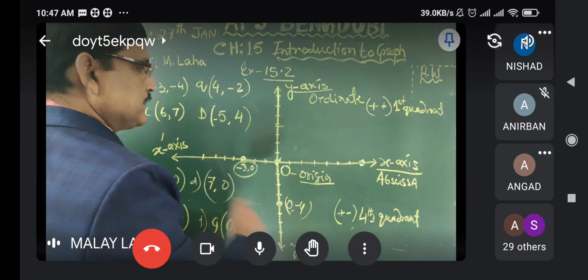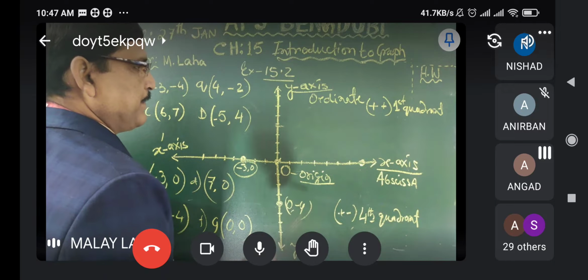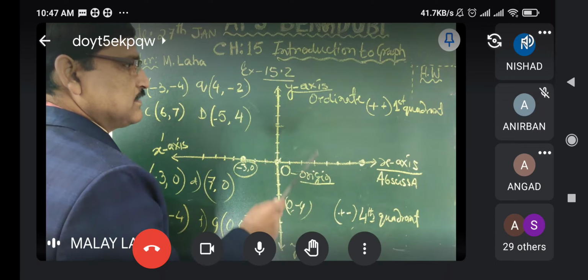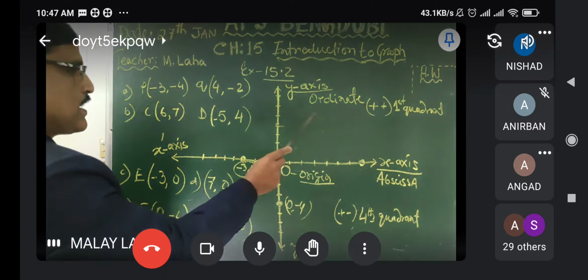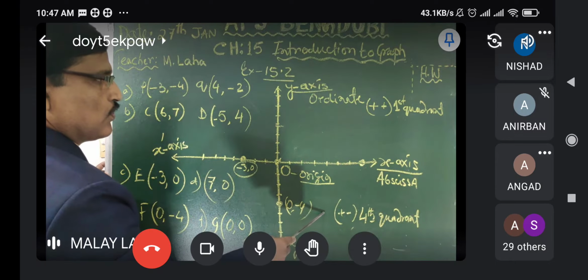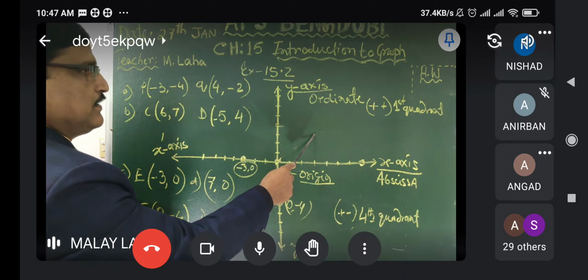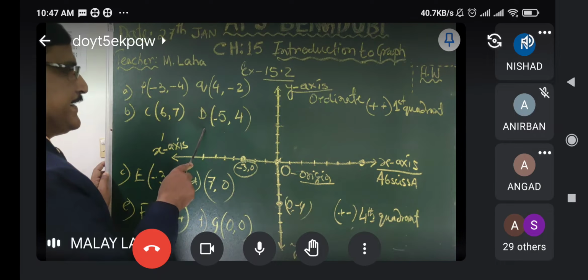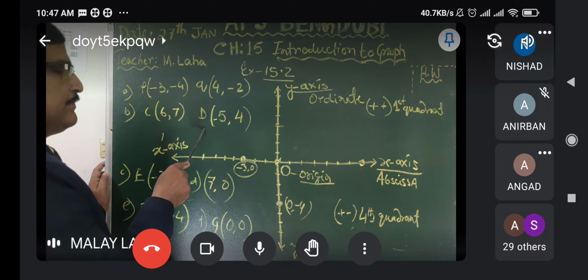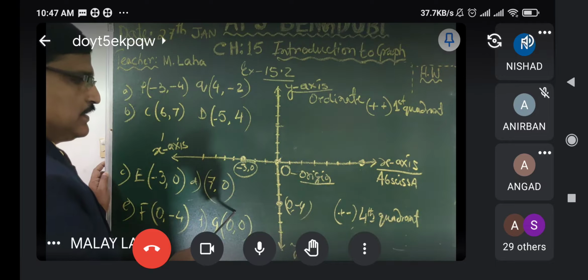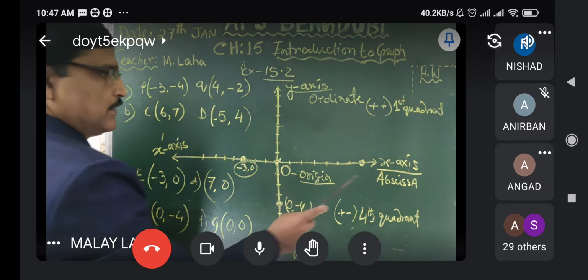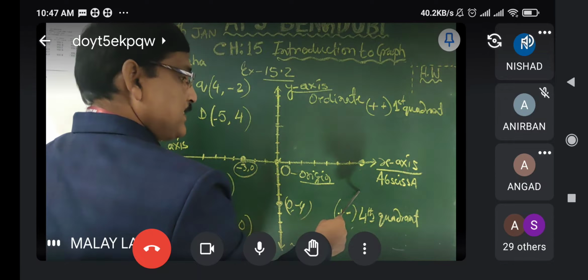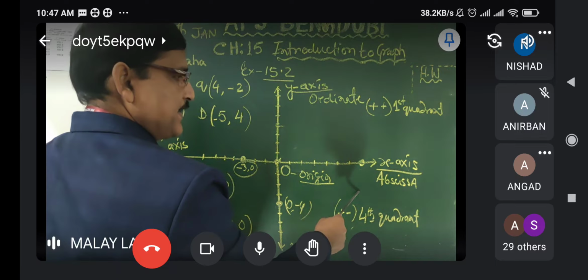When we draw the x-axis and y-axis, your Cartesian plane is divided into 4 parts. 1, 2, 3, 4. This is called the first quadrant, where both x and y are positive. This is the second quadrant. X is negative, y is positive. This is the third quadrant. X and y both are negative. This is the fourth quadrant. X is positive, y is negative.